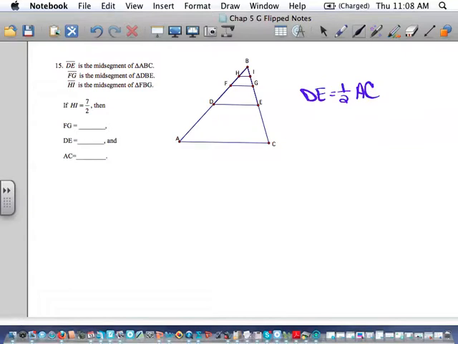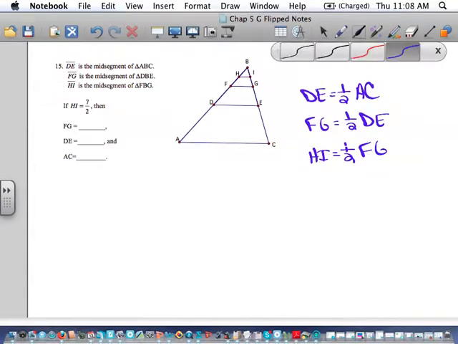FG is the midsegment of triangle DBE, so that means that FG is equal to 1/2 of DE. And finally, HI is the midsegment of triangle FBG, which means that HI is equal to 1/2 of FG.